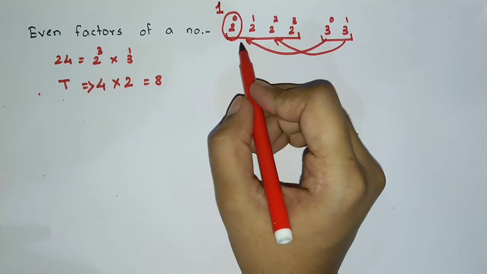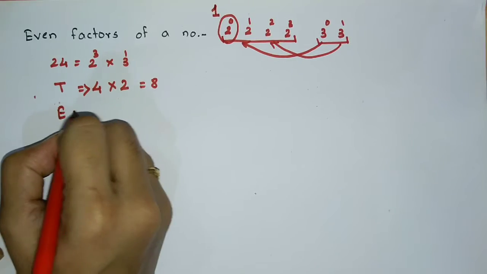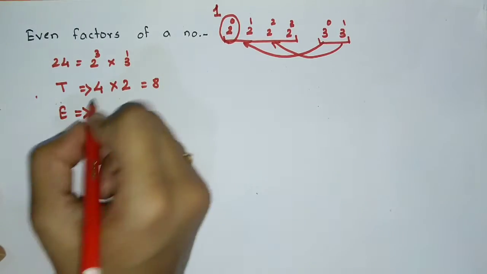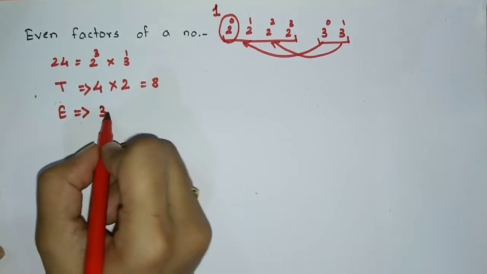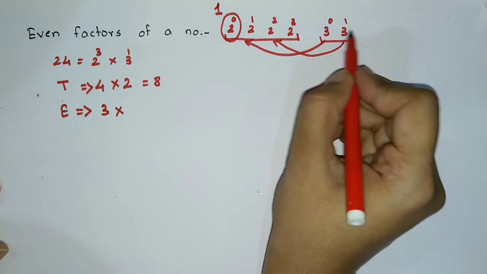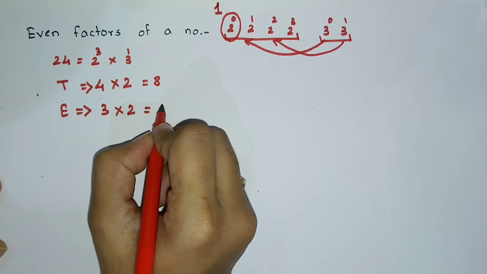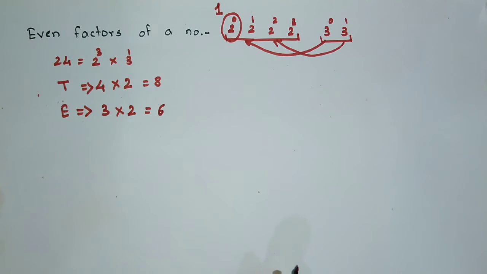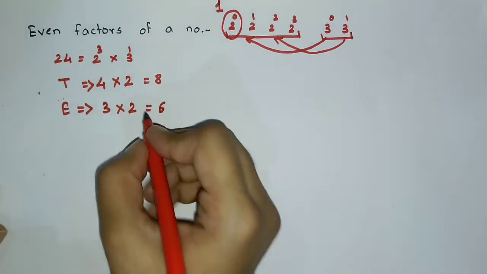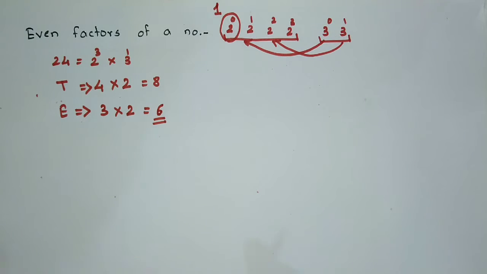So here how many numbers are there? 1, 2, 3. So to find the even factors, there are 3 numbers, and then we multiply these 3 numbers first with 3 raised to 0 and second time with 3 raised to 1. That is with 2 numbers. So the total number of even factors is 6. I hope you got this.